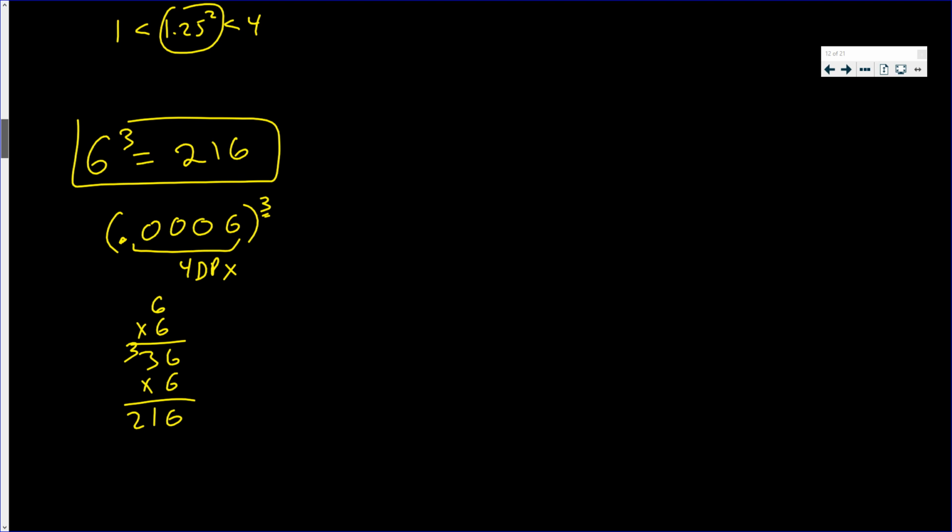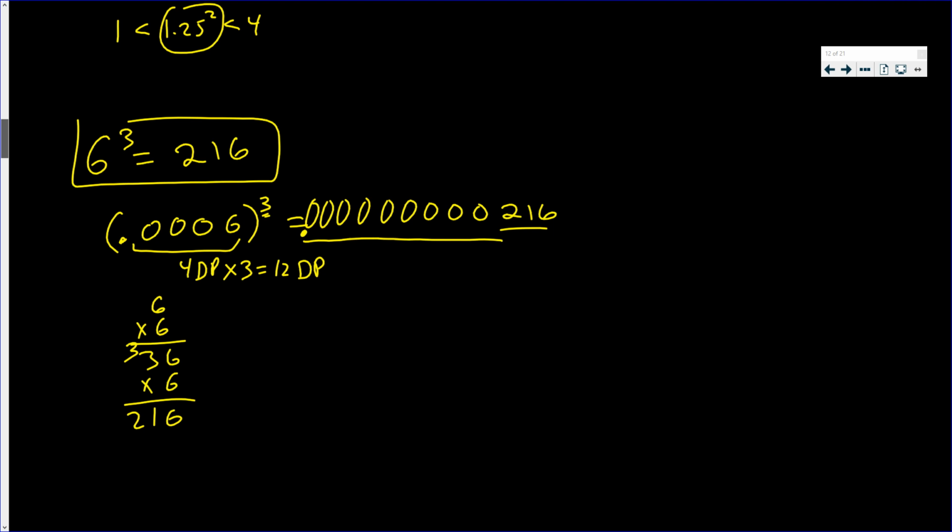I'm multiplying it by itself 3 times. So the answer will have 12 decimal places. And I know at the end is going to be 216, which is 3 decimal places. 4, 5, 6, 7, 8, 9, 10, 11, 12. There's your answer. Point all those zeros, 216.